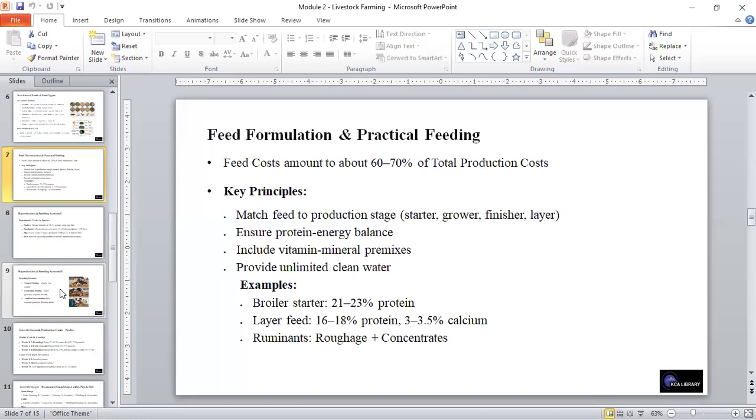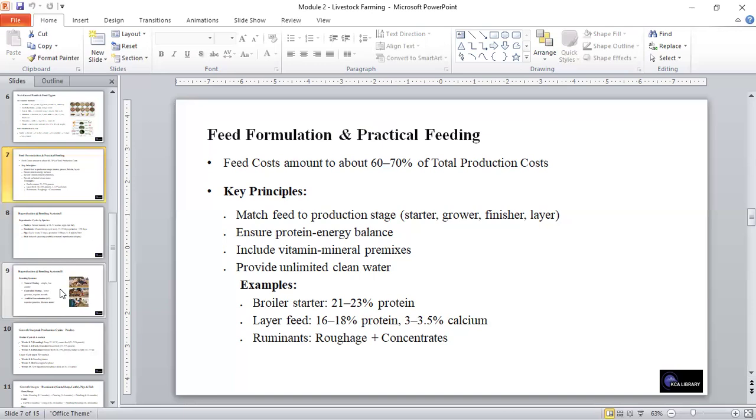The key principle in feed formulation is that you match the feed to the production stage of the animal, then also ensure protein-energy balance. You need to include vitamin and mineral premixes. Then also we provide unlimited clean water for the animal. So if all these are considered, they will result in effective and less costly feeding.